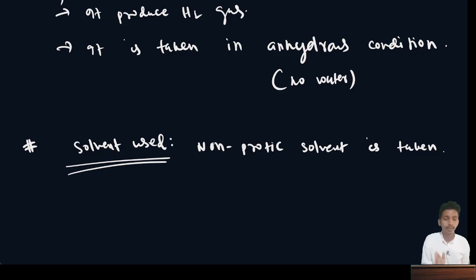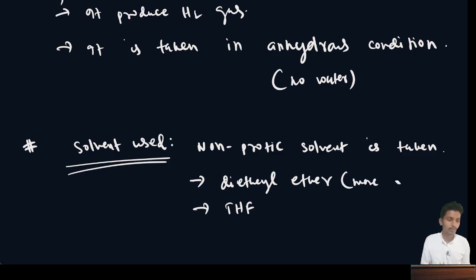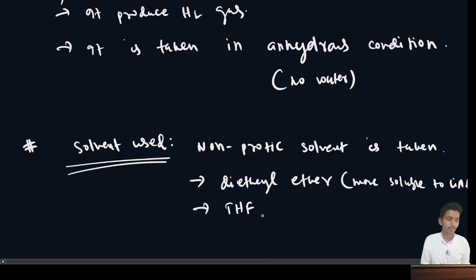So the solvent always has to be a non-polar, non-protic solvent like diethyl ether, or you can take THF. Note that diethyl ether is more soluble to lithium aluminum hydride, and THF is less soluble.